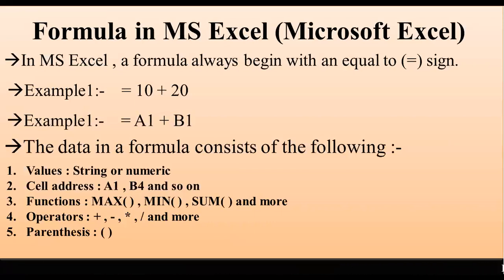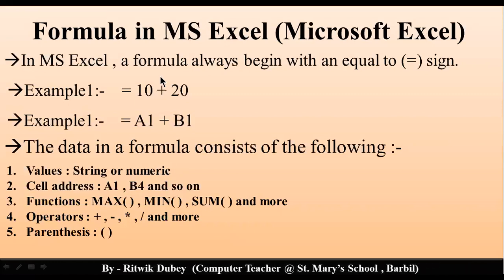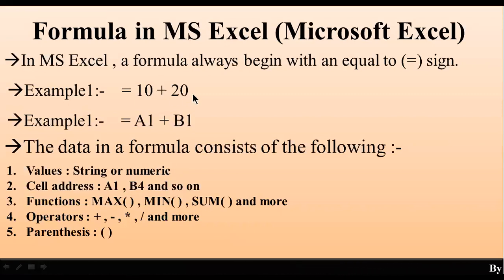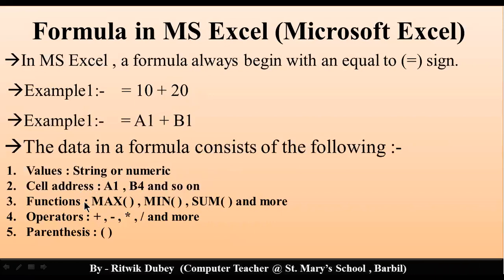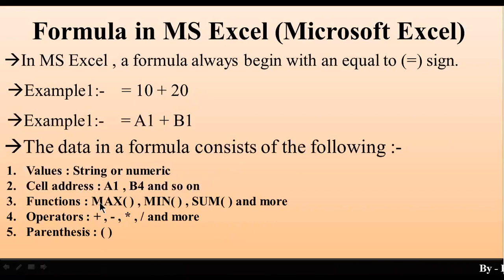Any text data where alphabets, or alphabets and numbers, are used is called string data, and numeric data means this 10 is numeric data, 20 is numeric data. Clear? So the data in a formula can be values, cell addresses, functions within the formula, and then operators, and then parentheses.